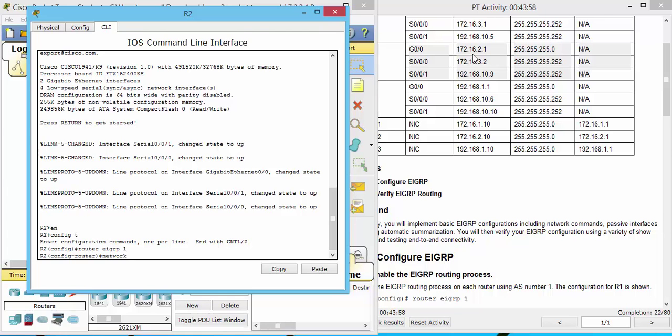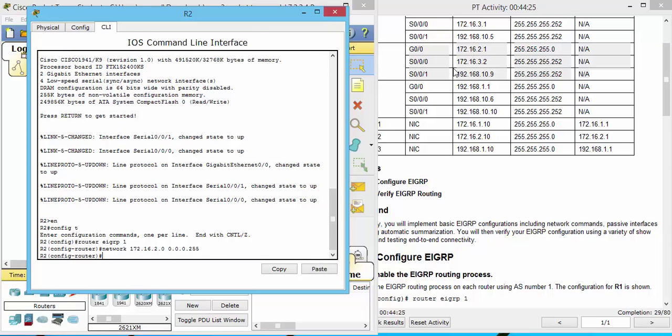The address on the gigabit Ethernet is 172.16.2.1, so the network is 172.16.2.0, and the wildcard mask is going to be 0.0.0.255.